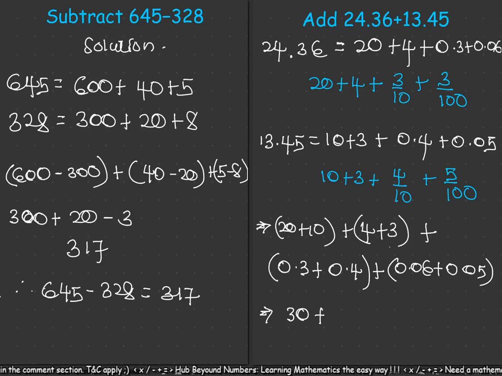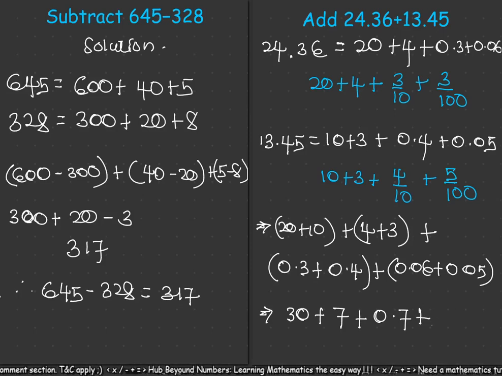So that the 20 plus the 10 gives us a 30. 4 plus 3 gives us a 7. 0.3 plus 0.4 gives us a 0.7. And then we have 0.06 plus 0.05 giving us a 0.11. So if you want to add, you have 30 plus 7, which gives us 37. 37 plus 0.7 will give you 37.7.